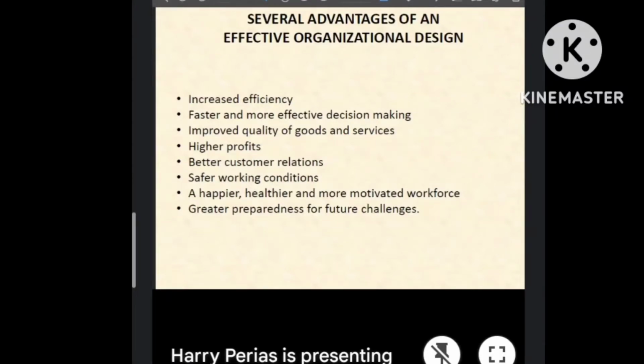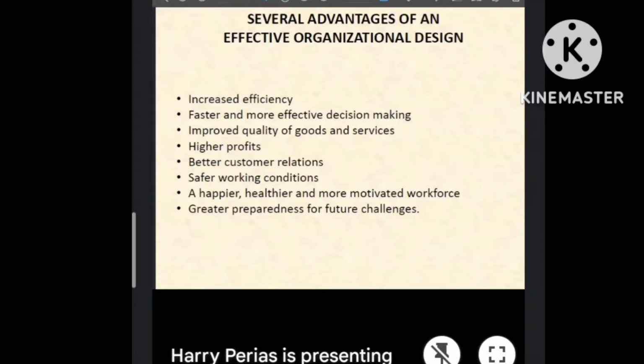And number two, faster and more effective decision making. So, if yung organizational design natin is walang supervisor or walang managerial roles, puro rank and file, so definitely hindi magkakaroon ng effective decision making. Number three, improved quality of goods and services, as I've mentioned a while ago.